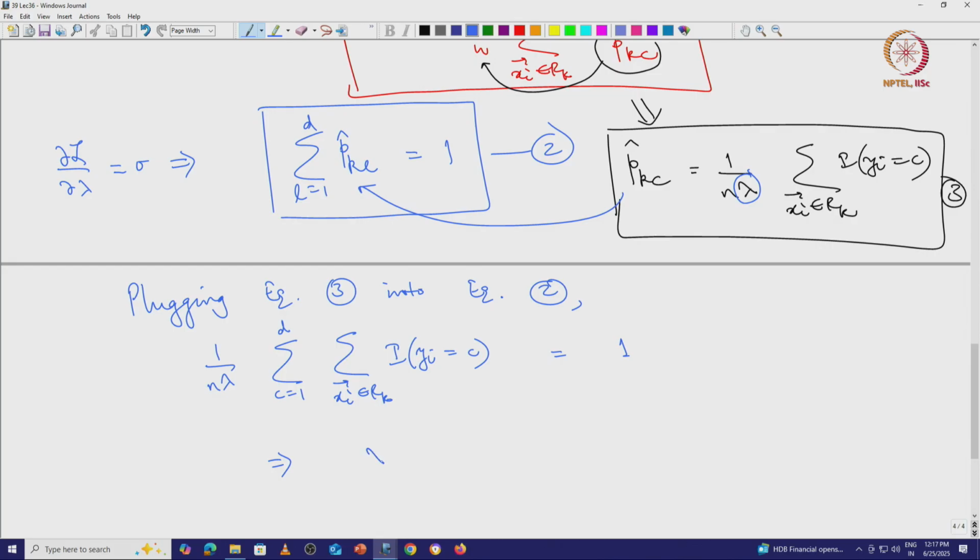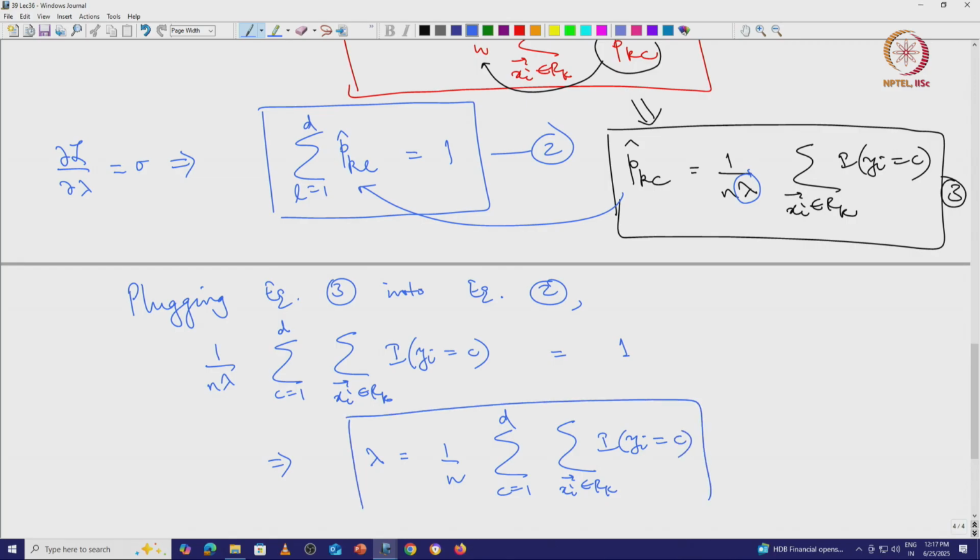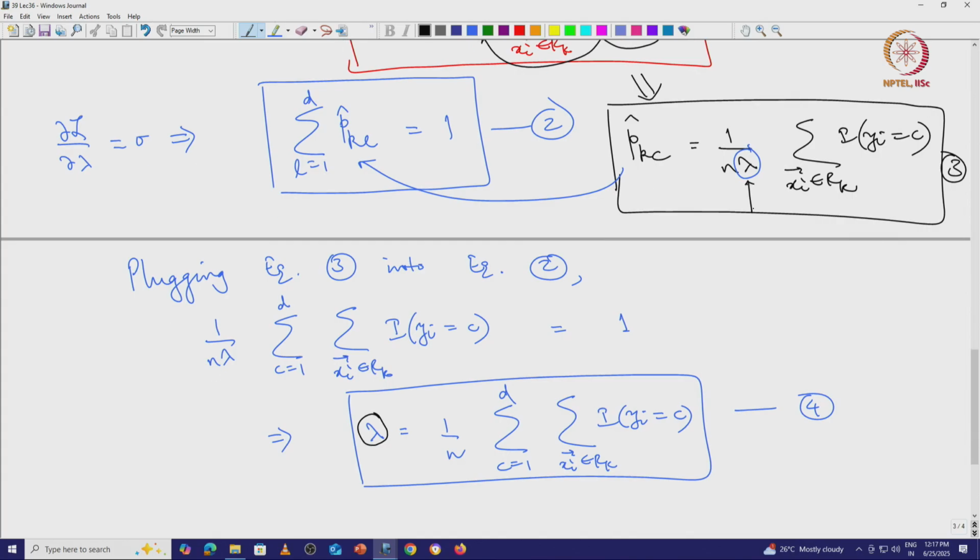So, lambda is simply 1 over n times the sum over C going from 1 to d, sum over xi belongs to Rk of the indicator yi equals C. Okay. So, this is lambda, and let us call this equation 4, and now we can simply complete the derivation by substituting this value of lambda back in equation 3.